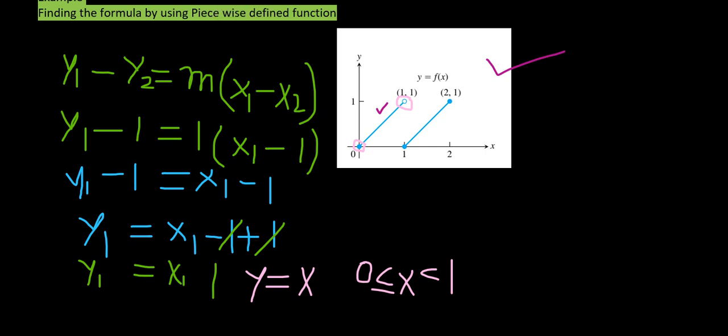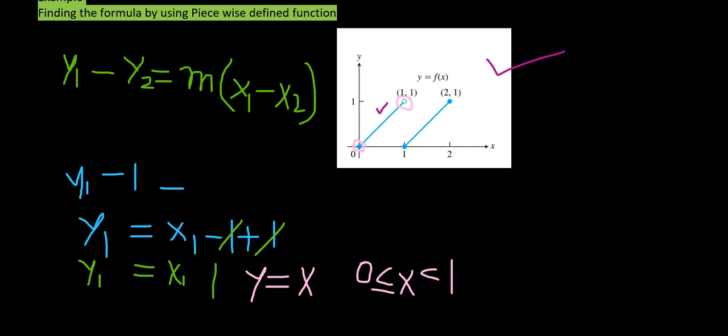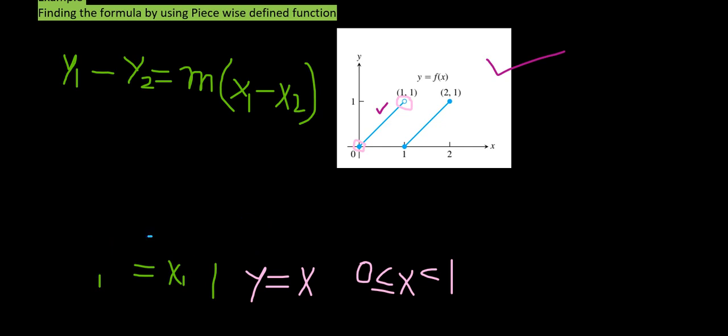Again we will use the same procedure to find the slope for the second line, and then we will find the equation of that line.